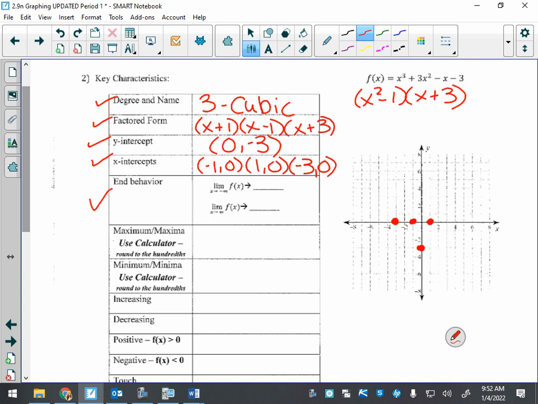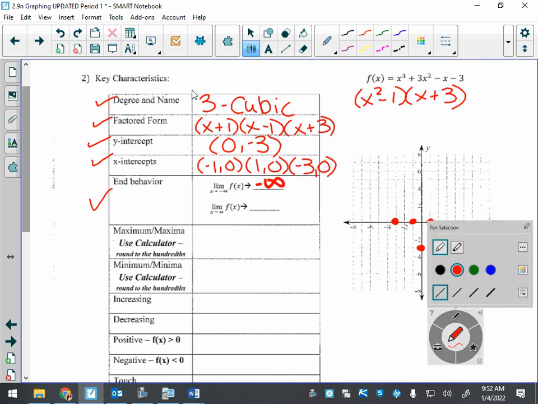As x approaches negative infinity, where is y heading? Negative. And the other one would be where? Eliza? Positive. Okay. So now we're going to enter this guy.